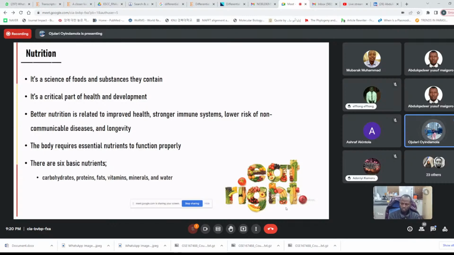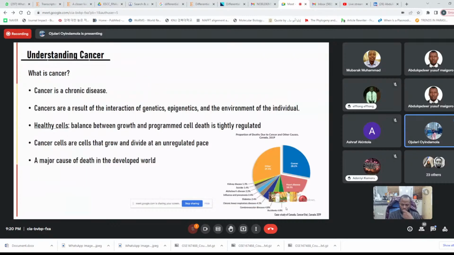And like we all know, the basic essential nutrients are carbohydrates, protein, fat, vitamins, minerals, and water. So knowing what we know now about food and nutrition, it is important that on a daily basis we consume some of these nutrients to help build our health, maintain our body, and so on and so forth.